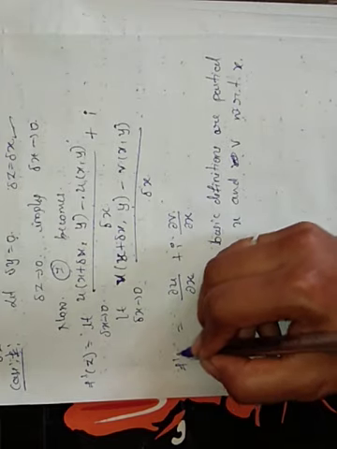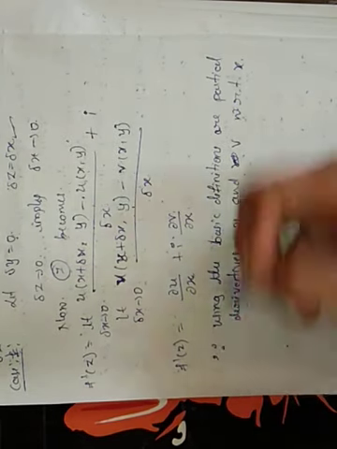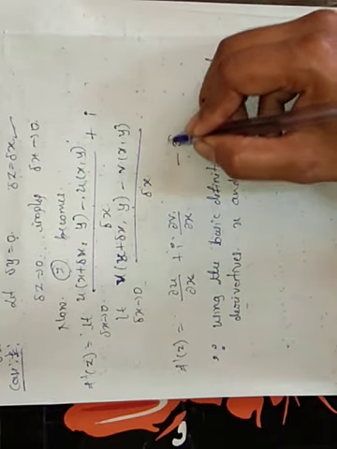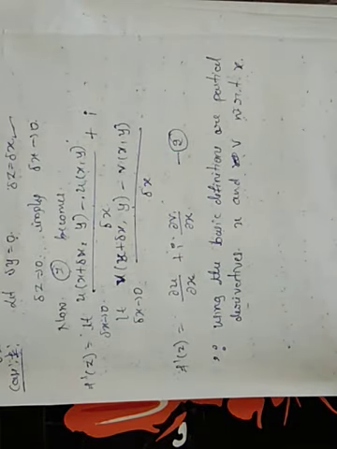That is, f dash of z equal to dou u by dou x plus i into dou v by dou x. Call this equation 2.